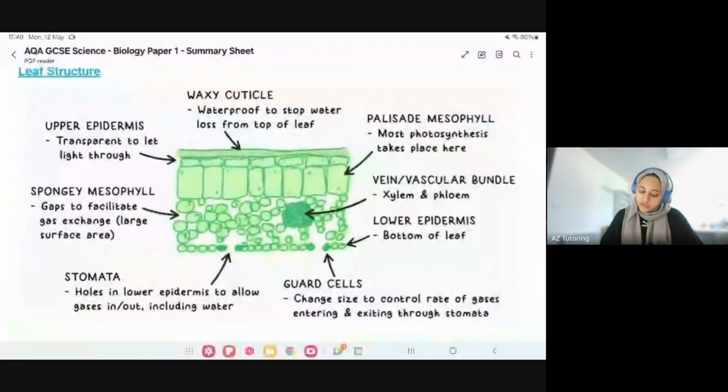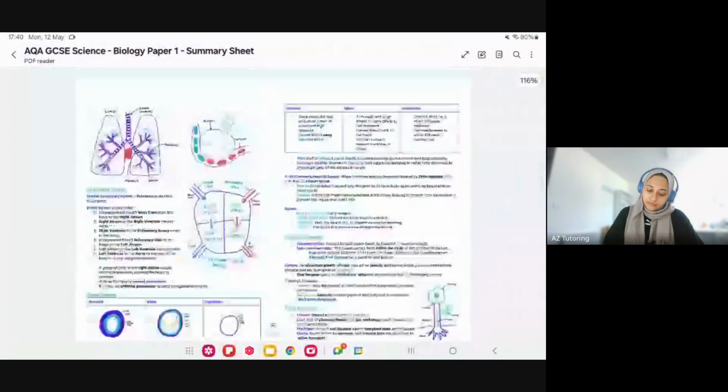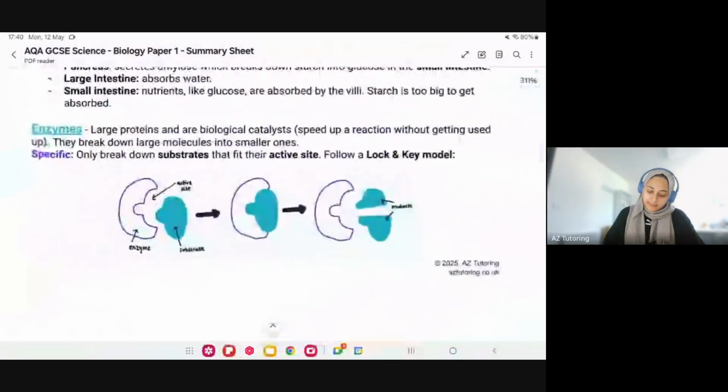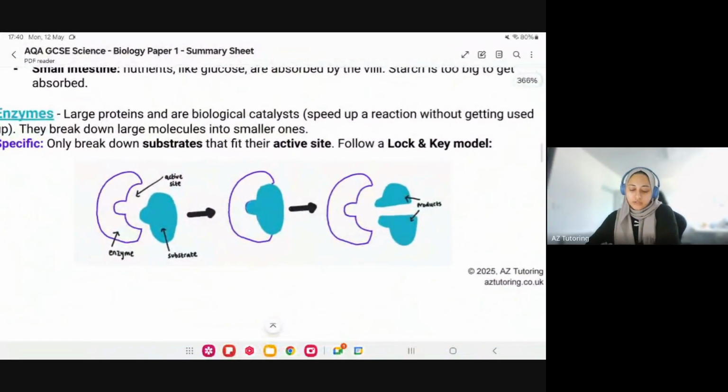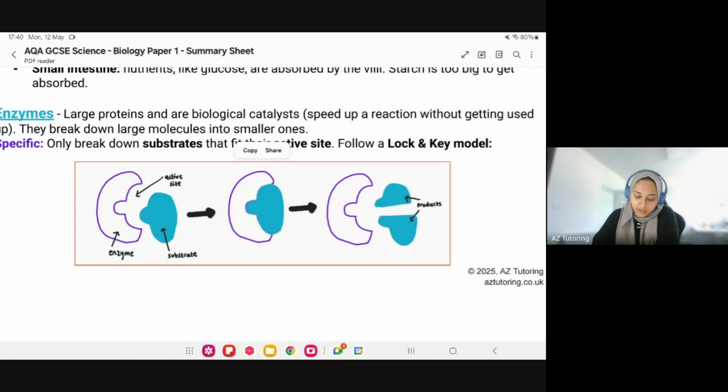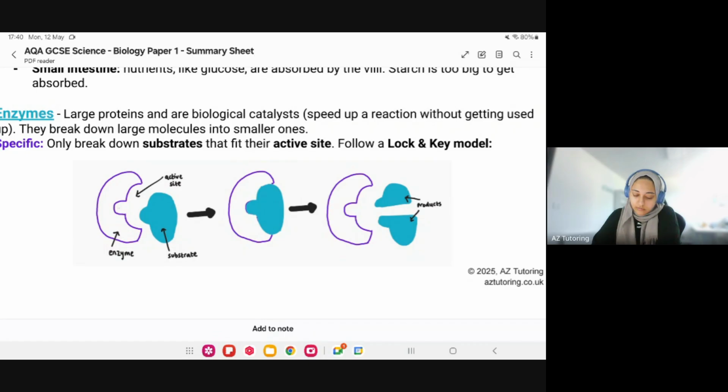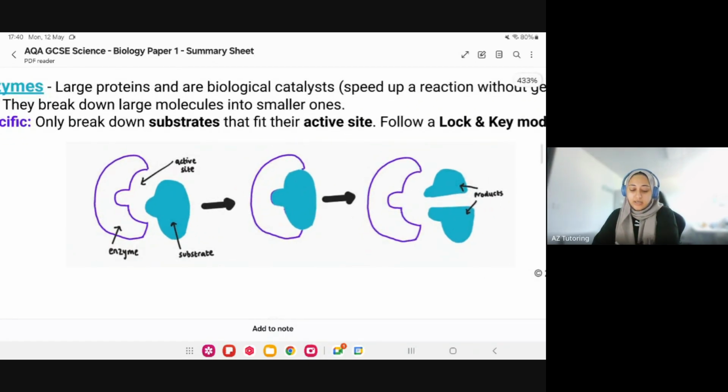So the lock and key model says, okay, so literally a lock and key. As you can see from the first picture, the purple enzyme acts as your lock, and then the substrate is the key that fits inside that lock. Your substrate has to fit into the active site.